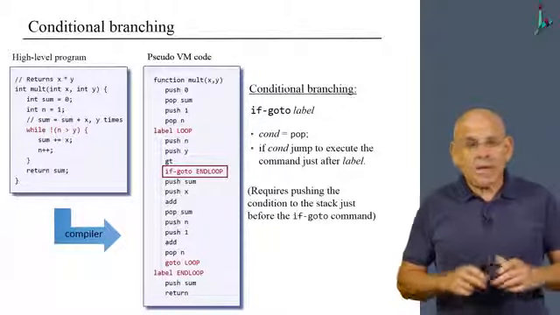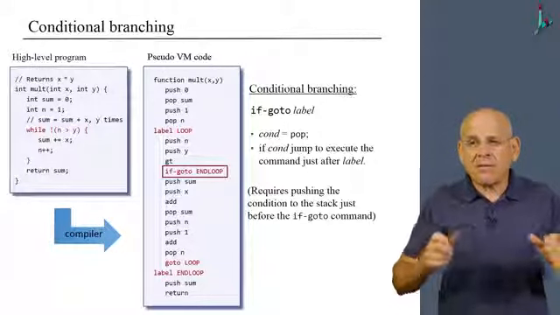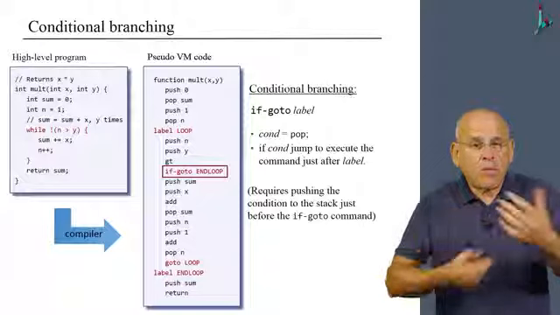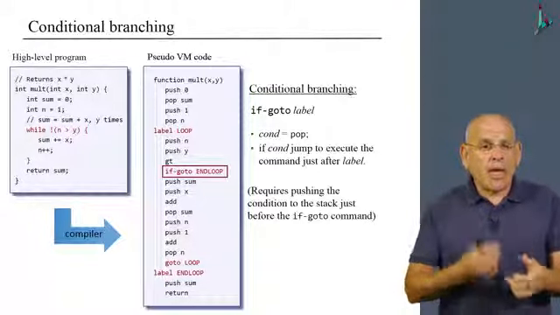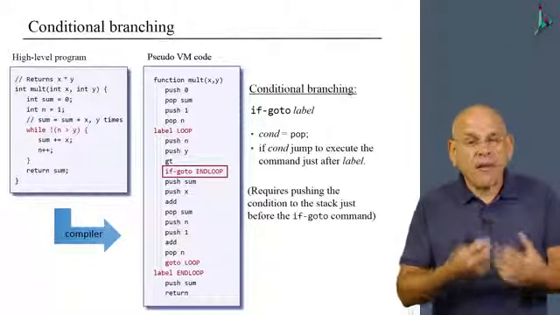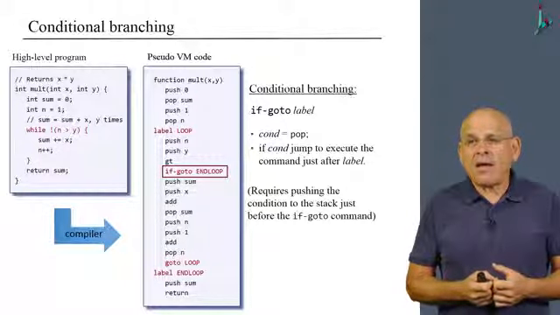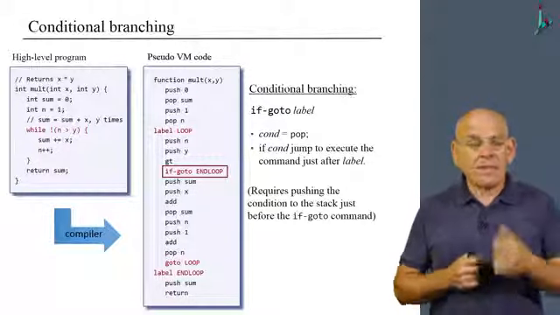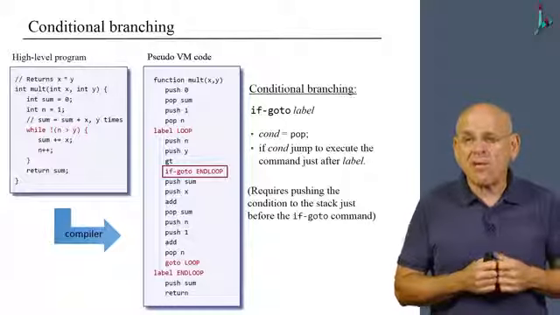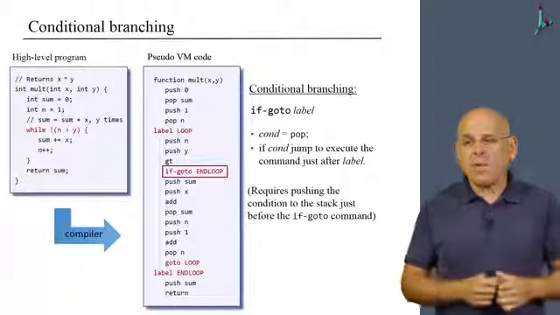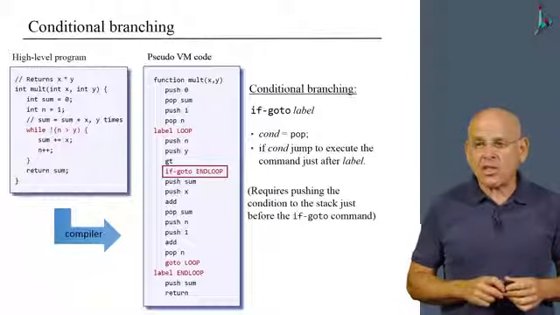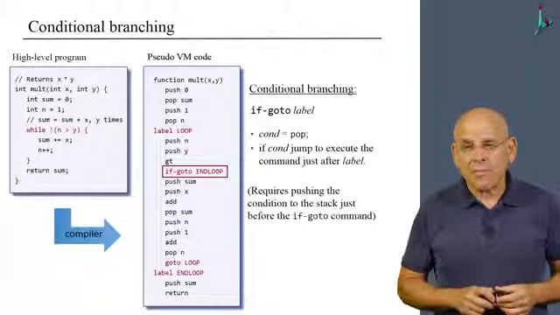So once again, the rules of the game are that you push the expression, and then when the program runs, this expression will end up being evaluated, and a certain truth value will remain on the stack, and then based on this truth value, the if-goto command will know whether or not a jump has to actually materialize.